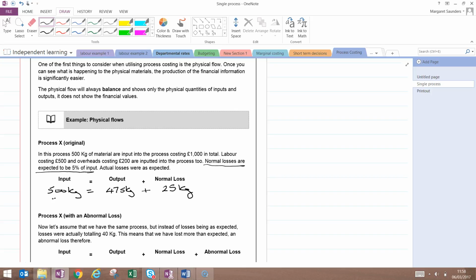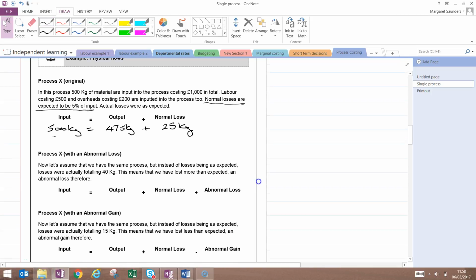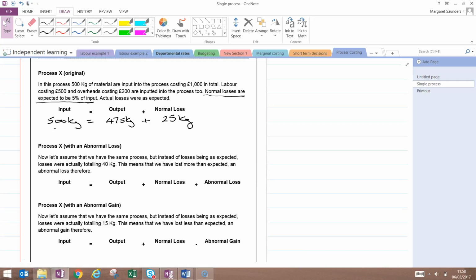Now let's look at a second example. It's saying that we assume we have the same process, but instead of losses being as expected, losses were actually totaling 40 kilos. This means we've lost more than expected. So let's have a look at that.